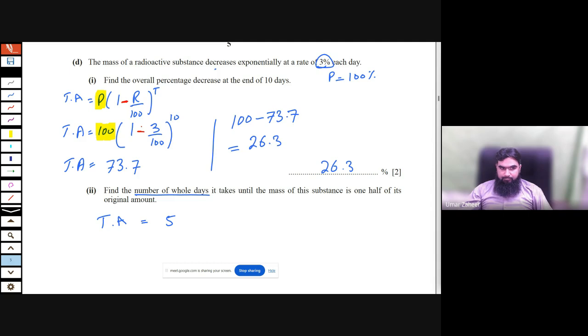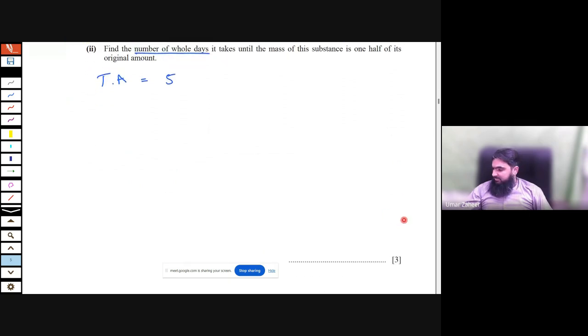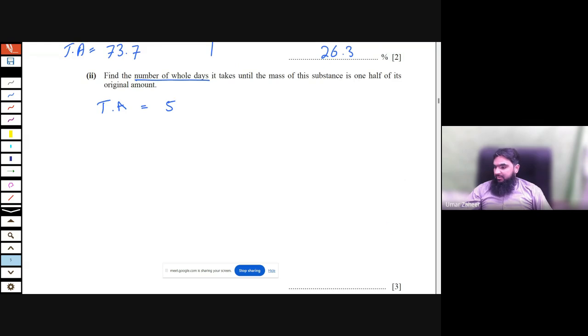We have only one single condition, one half of its original amount. The original amount is P. So the total amount will be equal to 1/2 of the principal amount. This condition is given.